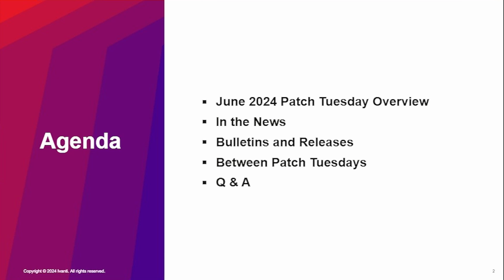Patch Tuesday is one of the few regularly recurring patch release events that are still out there. Microsoft, Adobe, Oracle, there's only a few that really have a consistent time that they release. Most vendors are in more of a continuous release model.